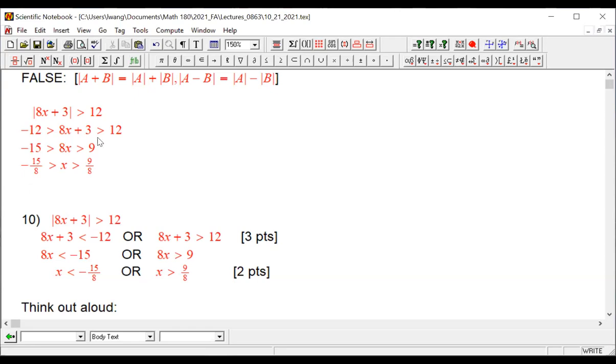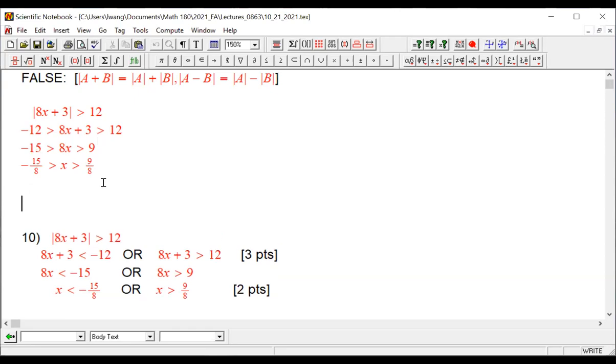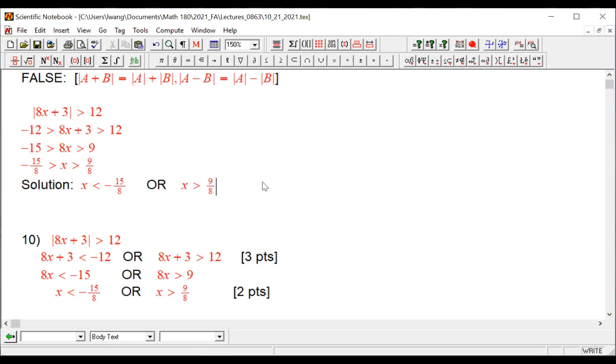So this is students' work. And then the student says, okay, the solution is this, is x less than, oh, they will put the entire solution over here. And the student will say, hey, I got the right answer.